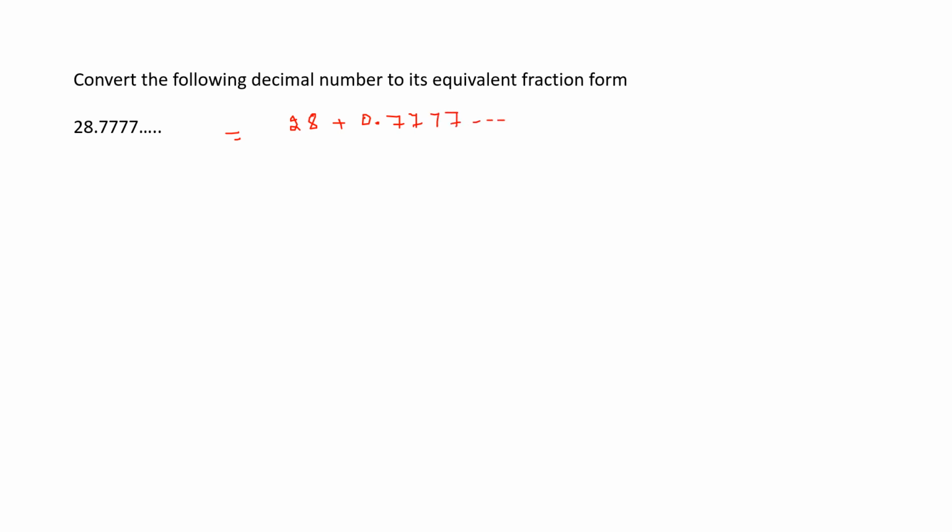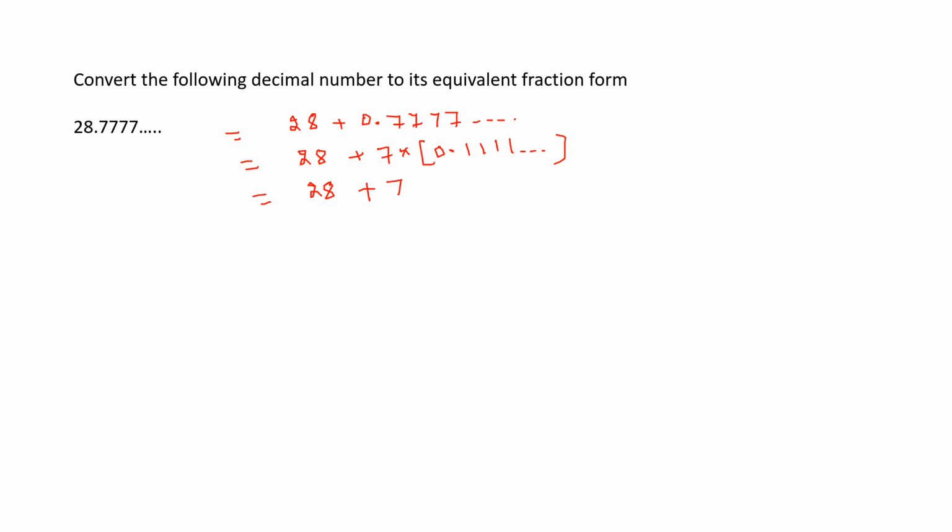0.7777. Okay, now 28 plus, let's take 7 common. So, I can multiply this with 0.1111 and so on. Now 28 plus 7.